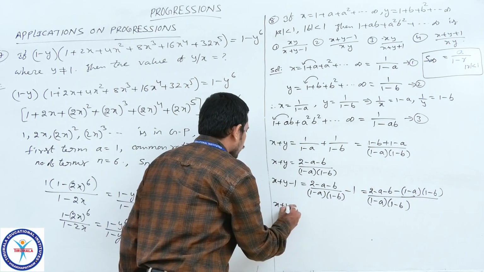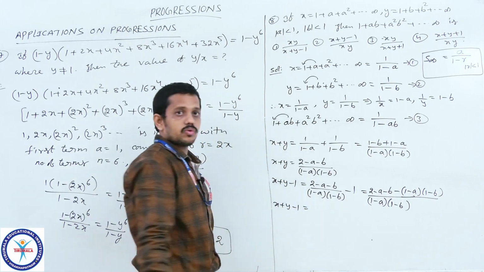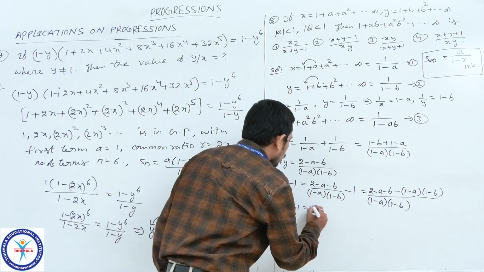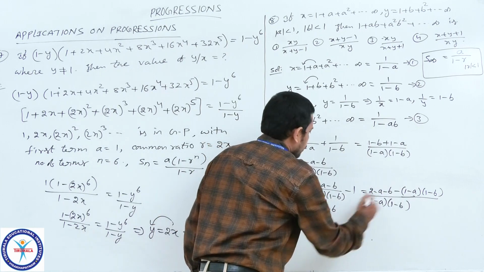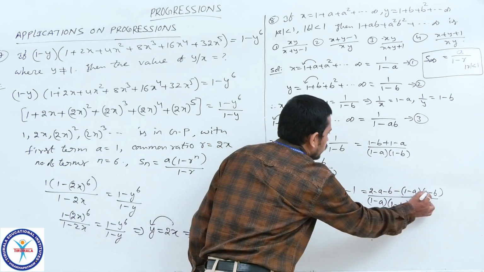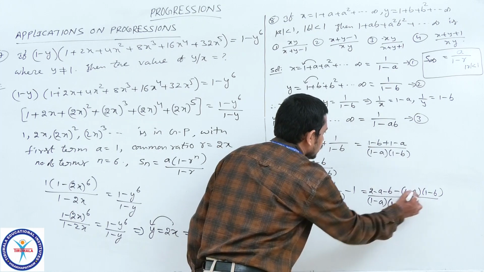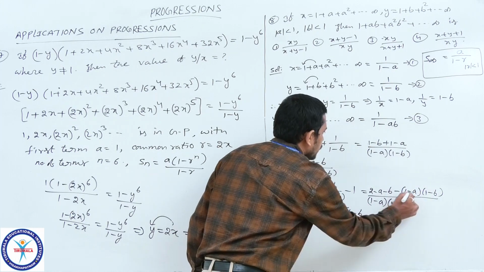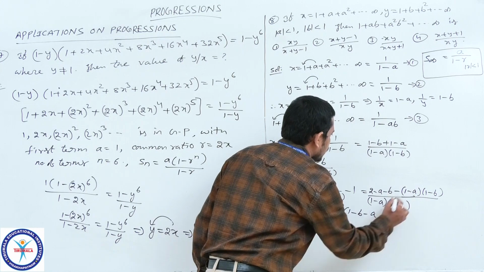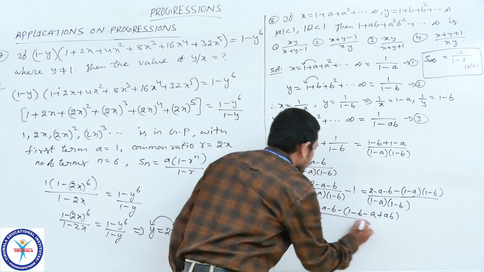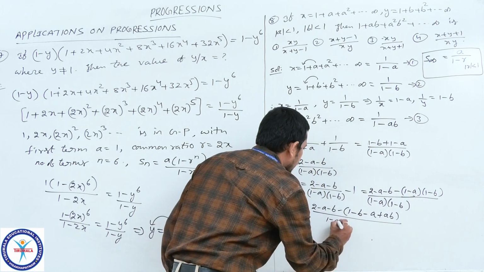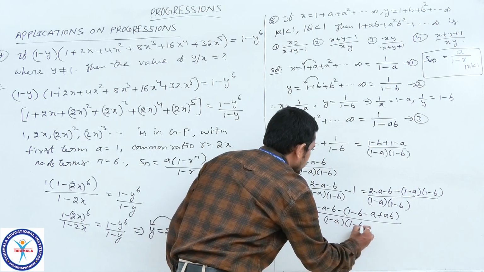So, x plus y minus 1 is equal to 2 minus a minus b minus of 1 minus b minus a plus ab, whole by 1 minus a into 1 minus b.